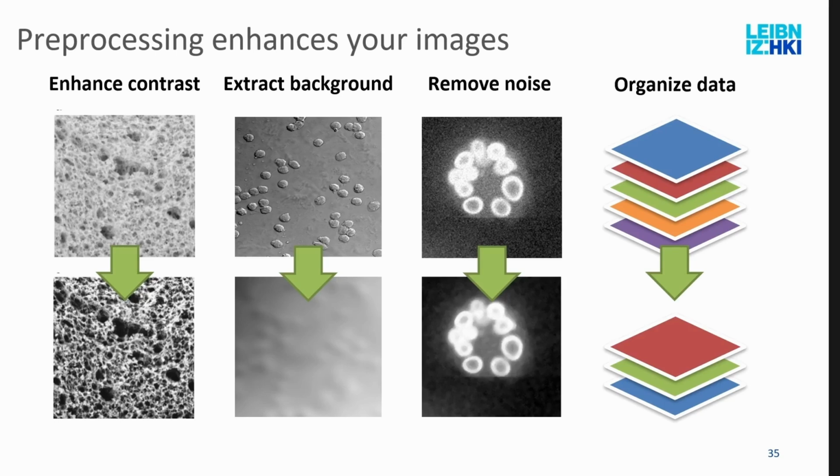Or noise removal, where you have all these small dots here that are noisy and might get detected accidentally, and then you remove them with this noise removal. Or data organization in general. If you have, for example, an image that has 5 channels, but you only need 3, then you remove the other ones. Or if you have images that have a different channel order, then you add operations that standardize them, so your workflow doesn't become an absolute mess later down the stream. And this is all basically pre-processing.